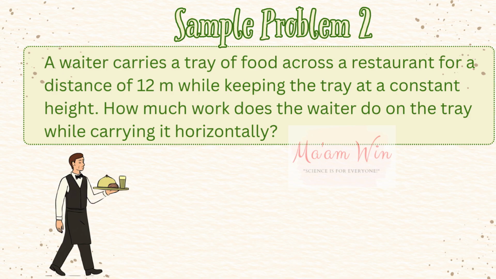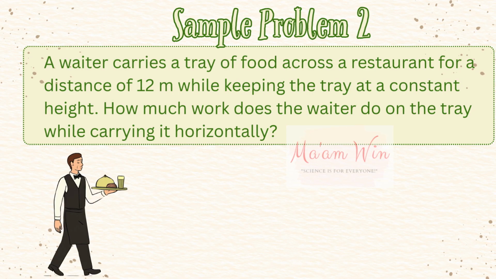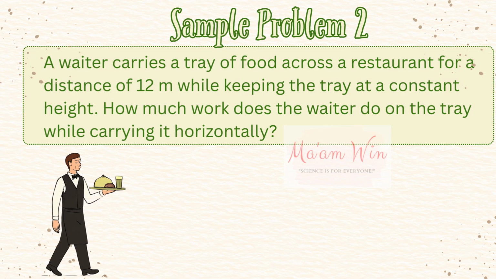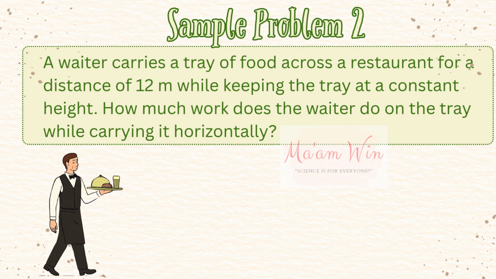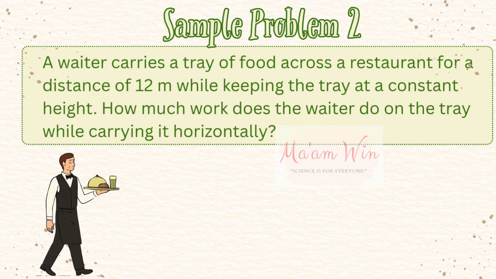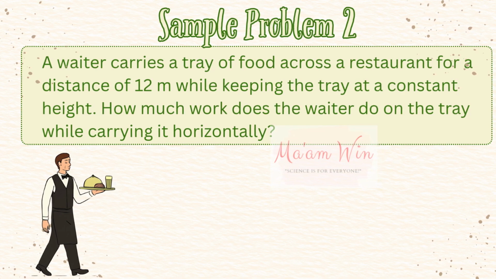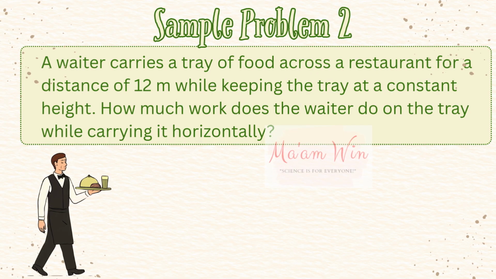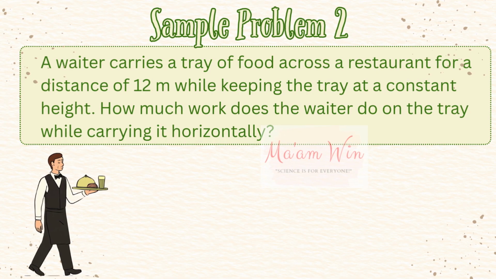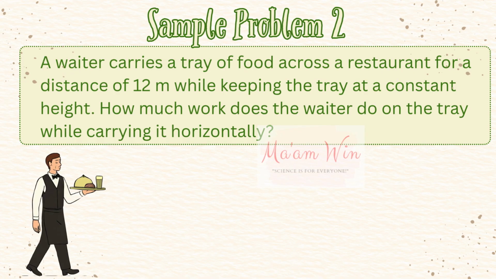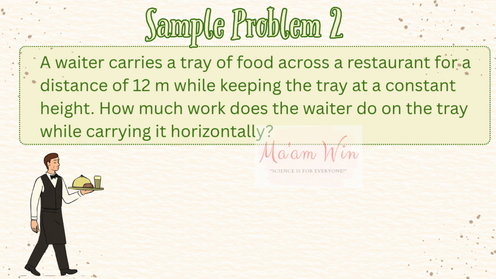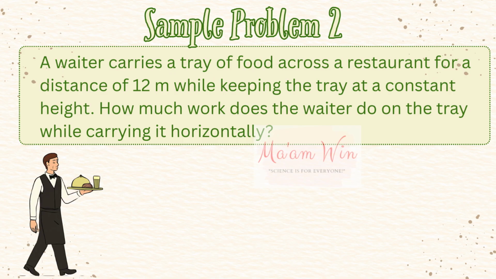Remember that work is calculated using W = Fd cos θ, where θ is the angle between the applied force and the object's displacement. In this situation, the waiter applies an upward force to support the tray against gravity while the tray moves horizontally across the restaurant. This means that the angle between the force and the displacement is 90 degrees.